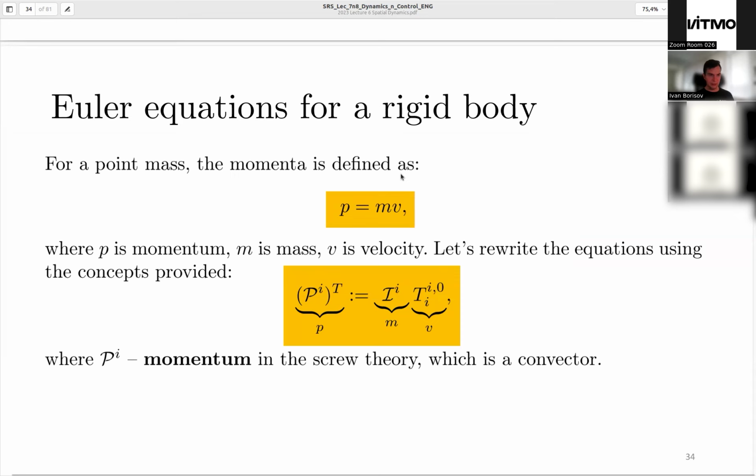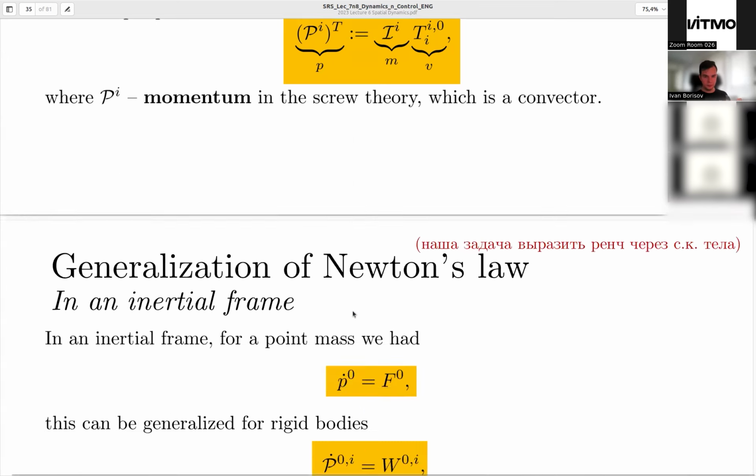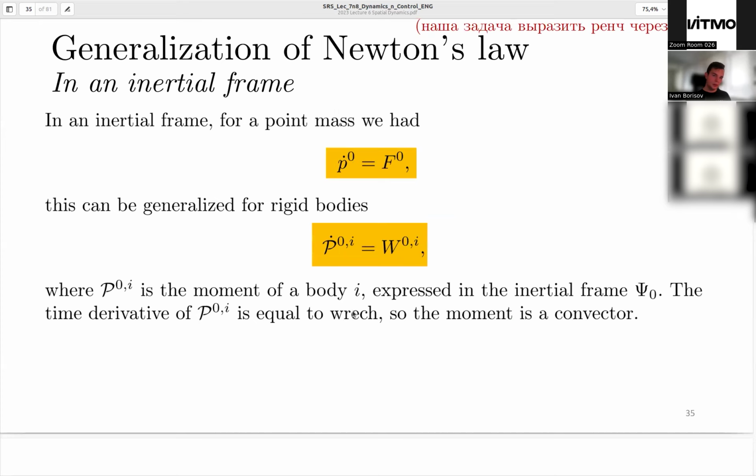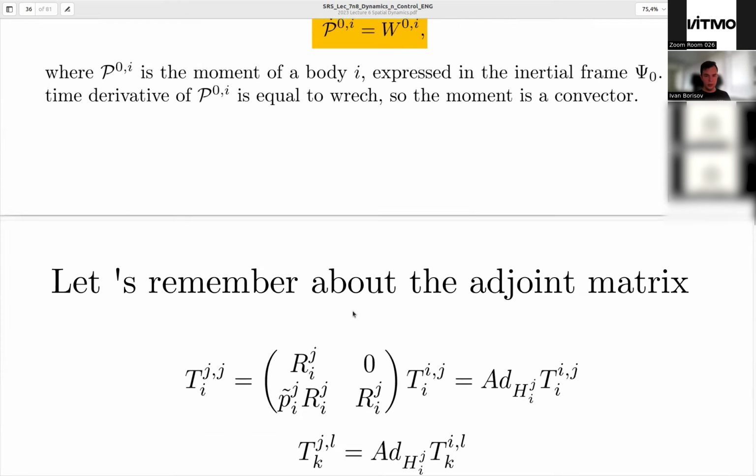So here I have just an extra piece of slides. Momentum for the point mass is just mass times velocity. Pretty much the same for the spatial case. Inertia times twist will be momentum in screw theory. And here is something that you can take a look at on your own.